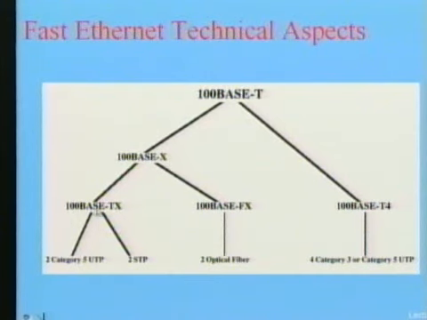One of them is 100 Base-TX, which uses twisted pair, and there is 100 Base-FX, which uses fiber. Any version of those, if it is fiber, uses 2 optical fibers. If it is TX, it uses either 2 shielded twisted pairs or 2 Cat5 twisted pairs.